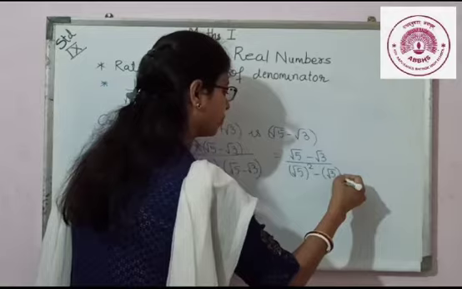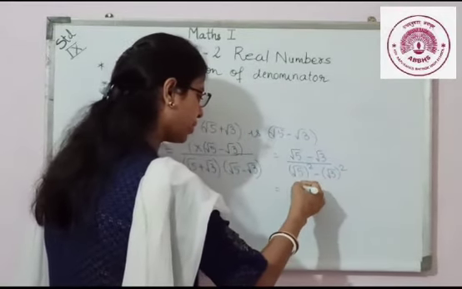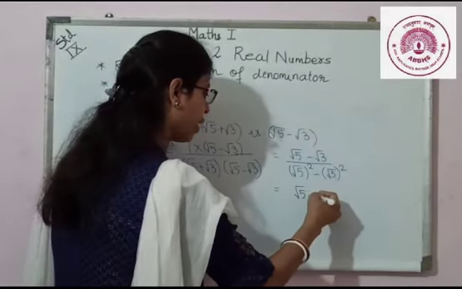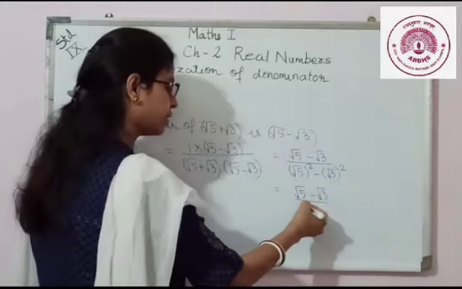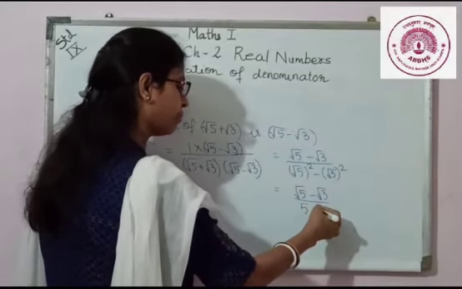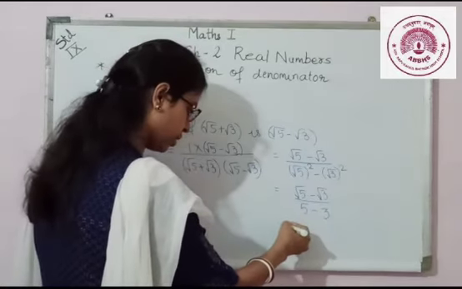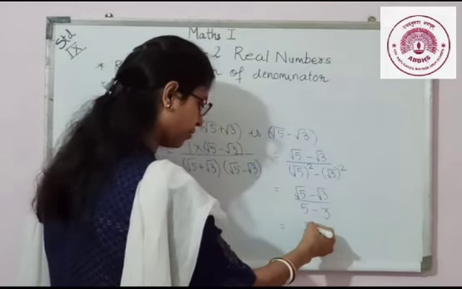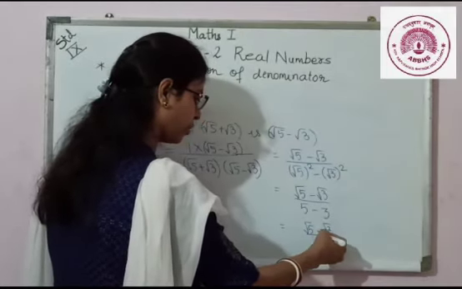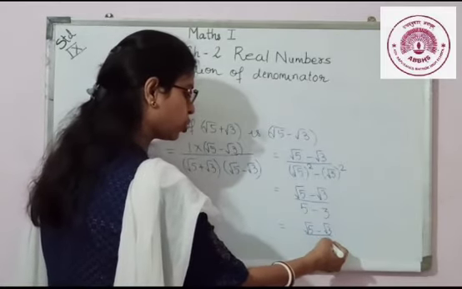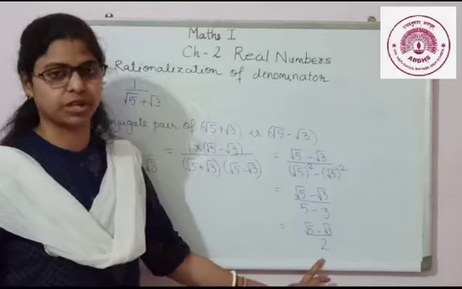So the numerator will be as it is, root 5 minus root 3, upon root 5 square is 5 minus root 3 square is 3, so 5 minus 3 is 2. Thus the denominator is rationalized.